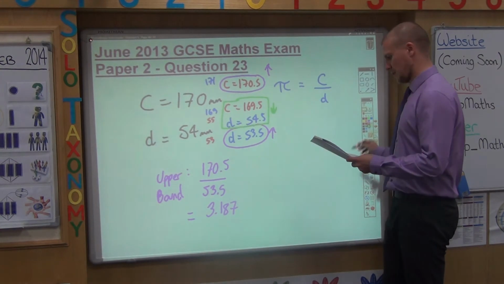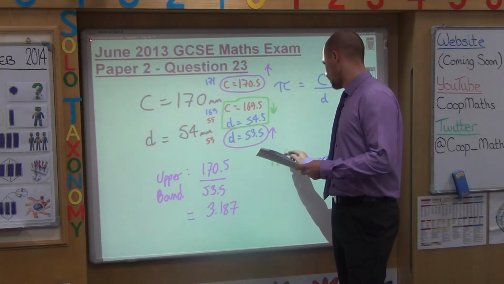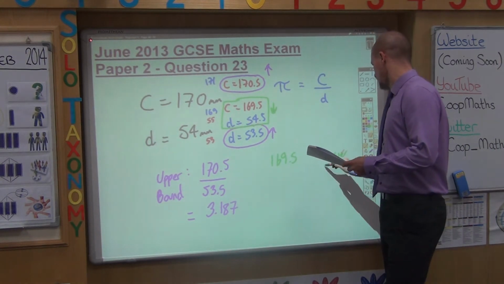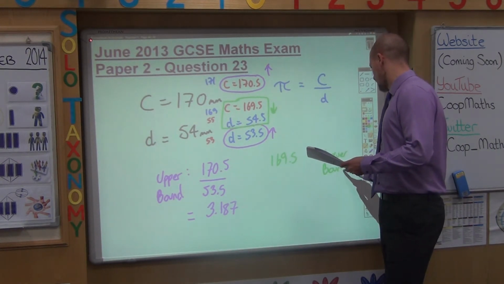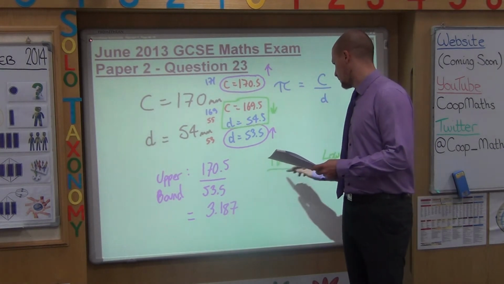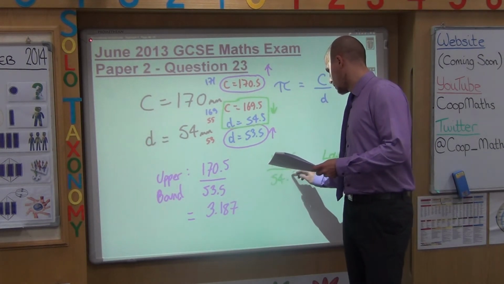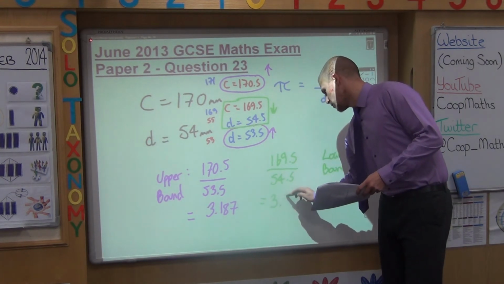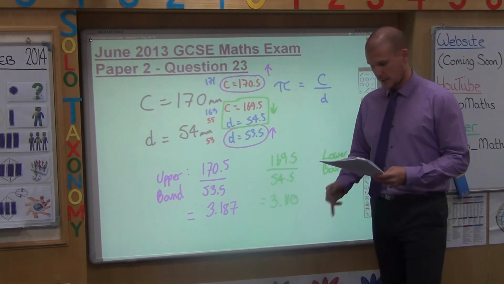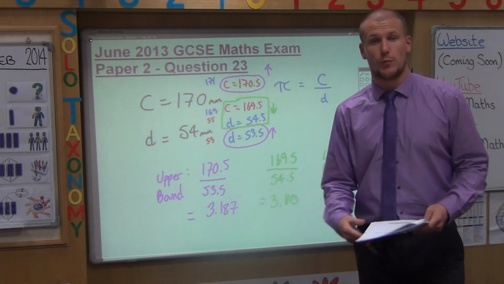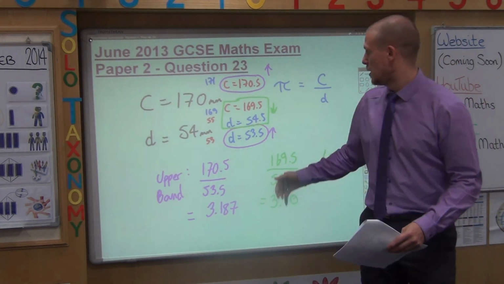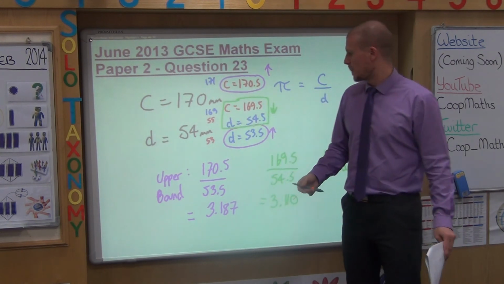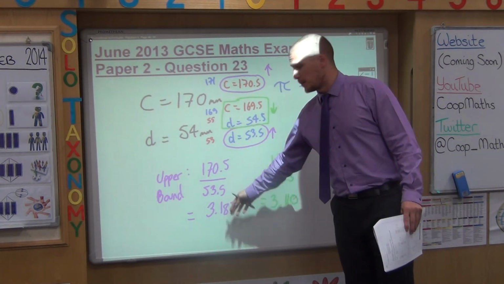For the lower bound, we have 169.5 for C, and for D we have 54.5. When you calculate those two, you get 3.110. That's the lower bound. So 3.110 or 3.11 is the lowest that it can be, based on this sort of tolerance of your measurement being maybe slightly out. And the biggest it can be is 3.187.